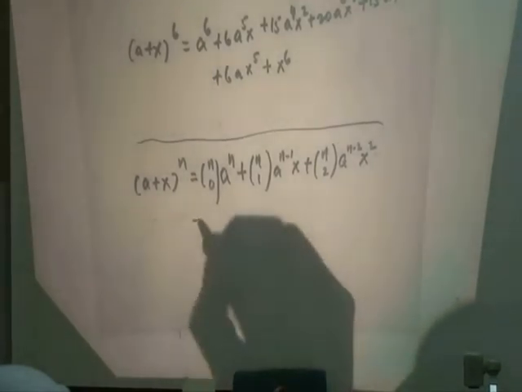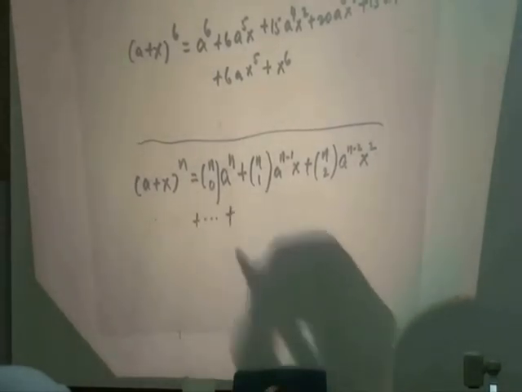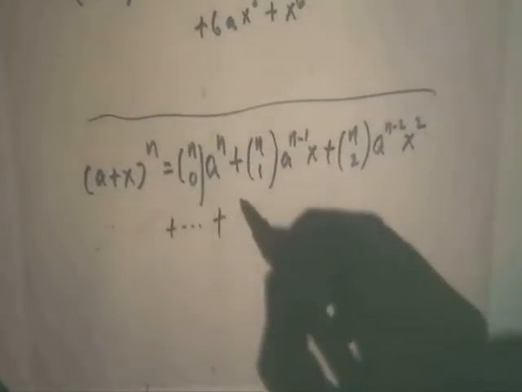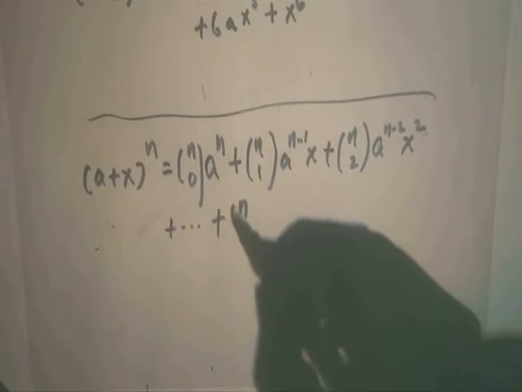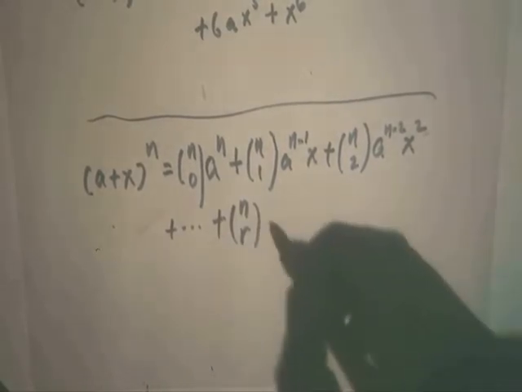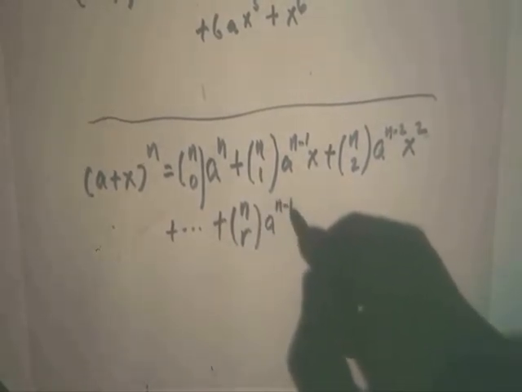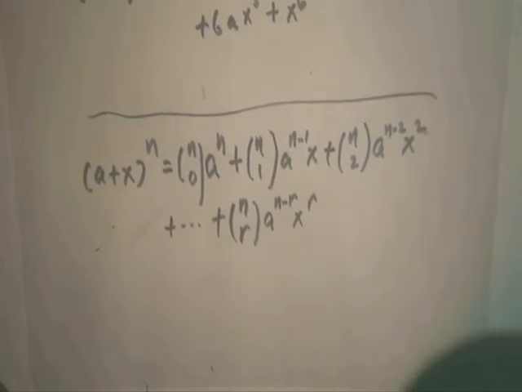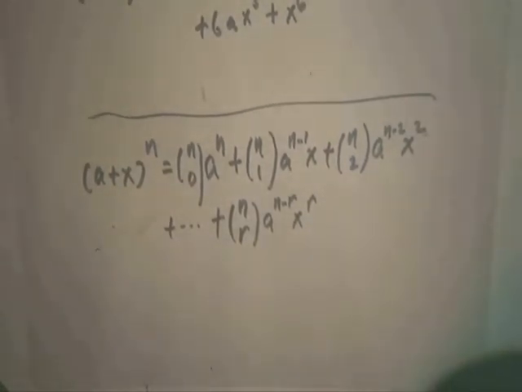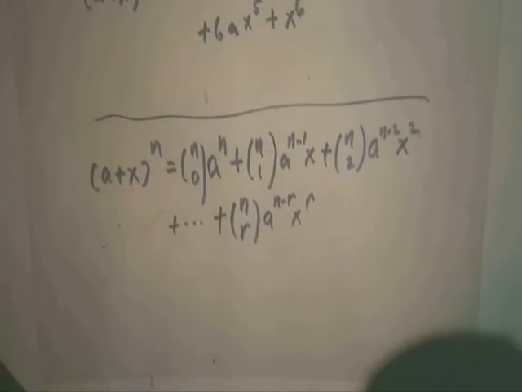So the r plus 1 term here will be nCr a to the power n minus r, x to the power r. That is the r plus 1 term in this expansion.